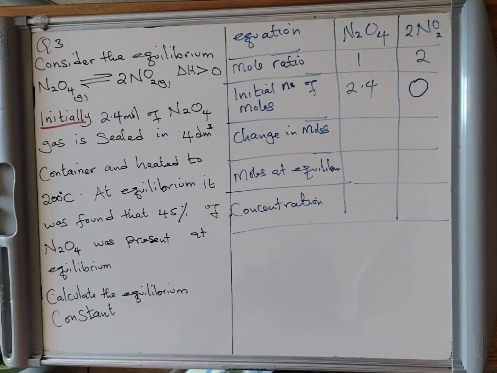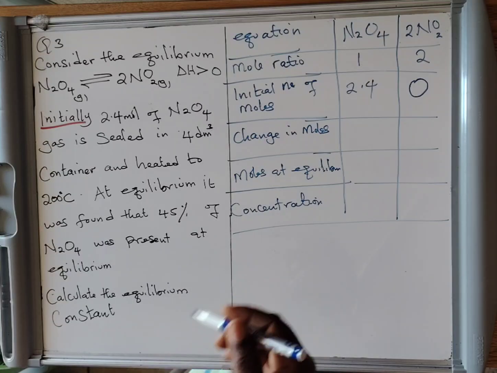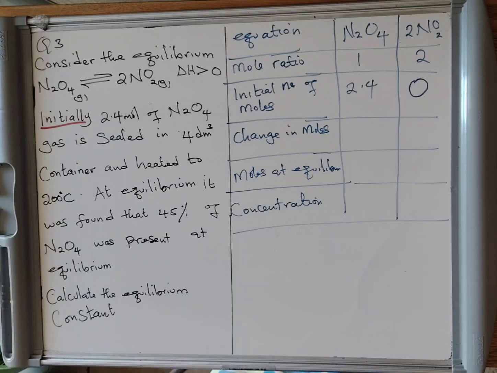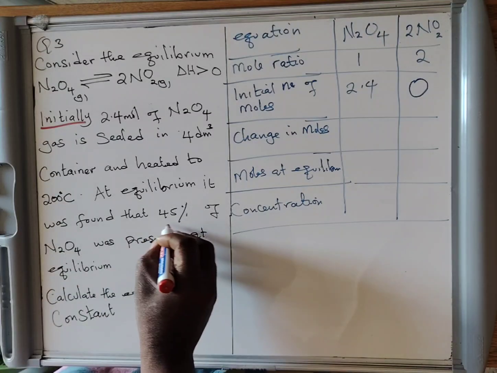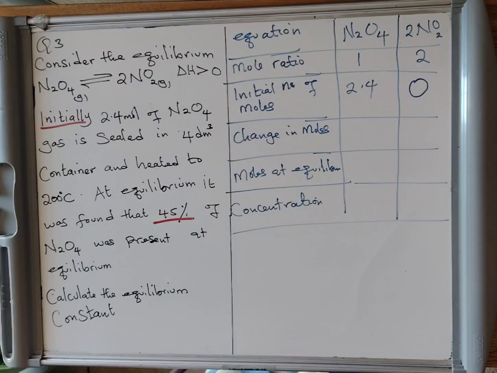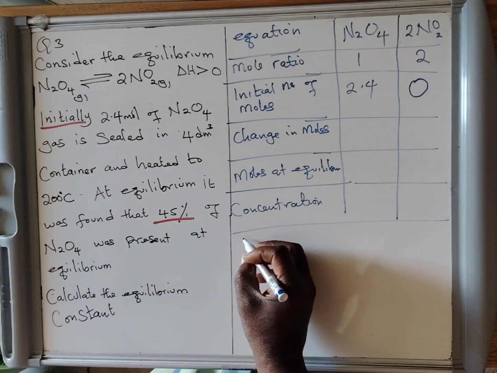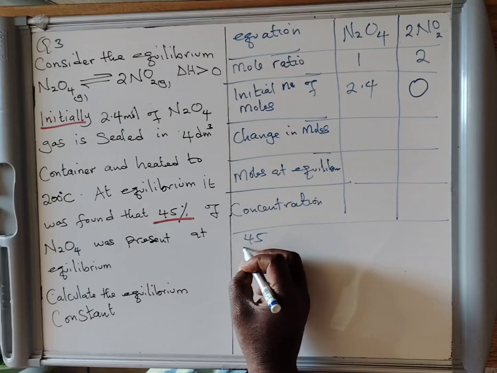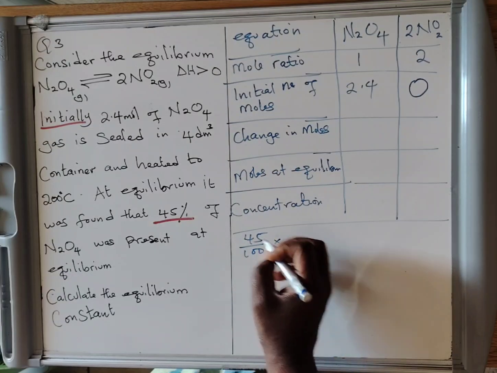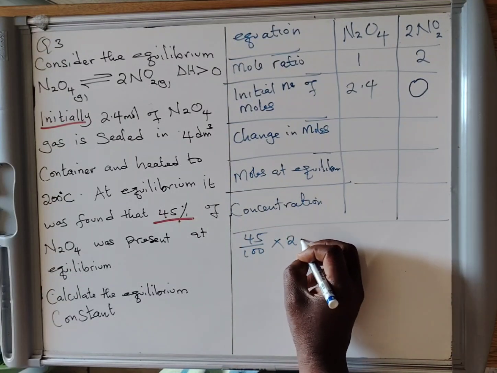What else do we have? Something also worth noting: the percentage present. We have to understand in this case, this is the percentage present, not the percentage decomposed. The percentage present is 45, so it's going to be 45% of the initial number of moles.